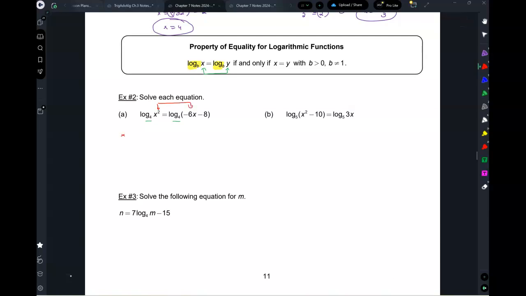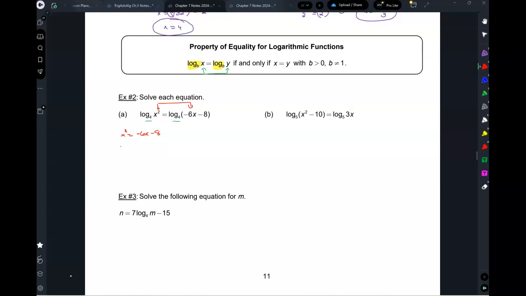So I get x squared equal to negative 6x minus 8. Okay, one thing. Yes, the logarithms are no longer in this equation, but we use this property to set their insides equal to each other. Please, let's refrain from words like, we cancel the logarithms. You don't do that. You don't cancel logarithms, right?